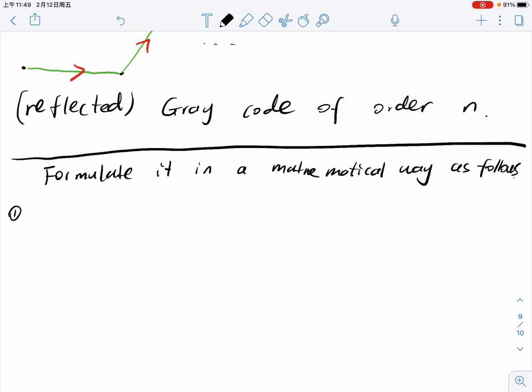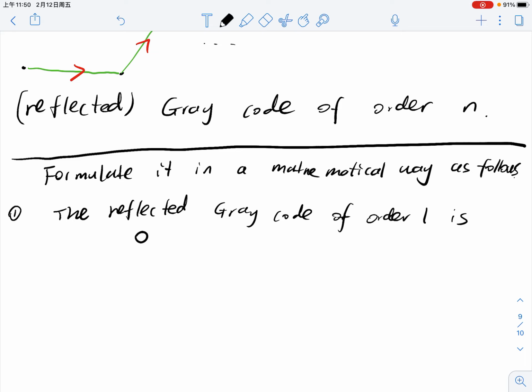So first, the reflected gray code of order 1 is 0, 1. So first you have 0, and then the computer returns 1.